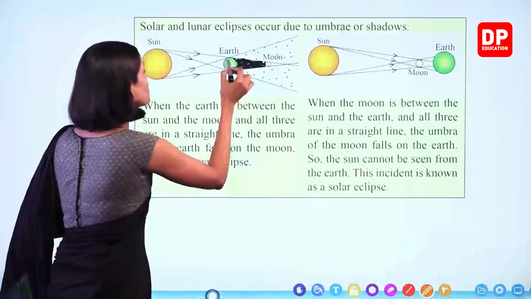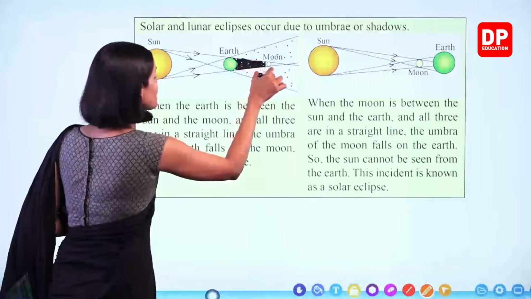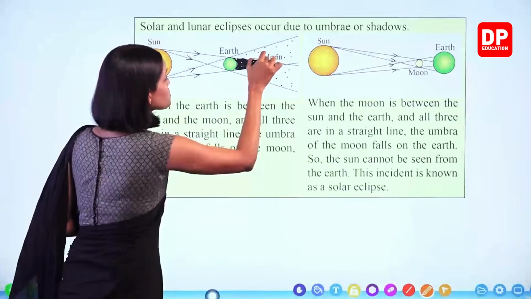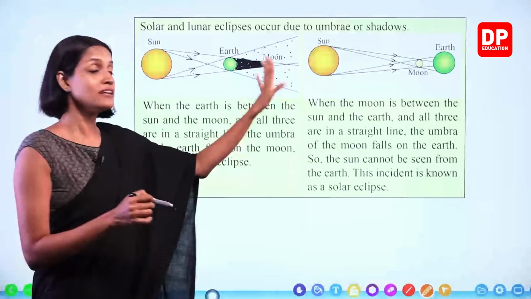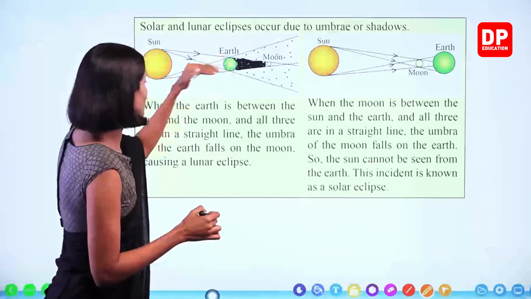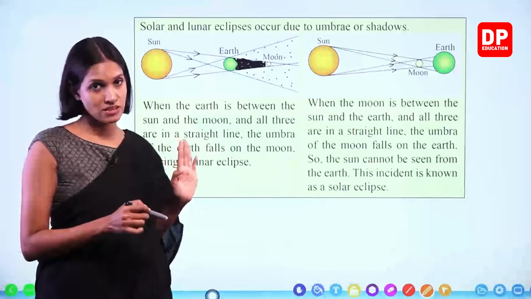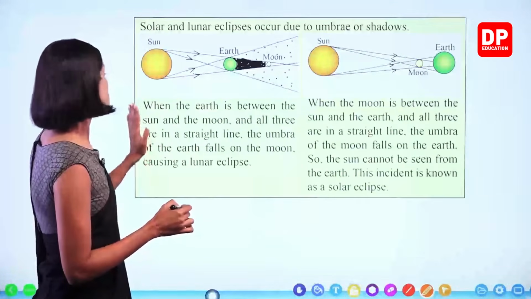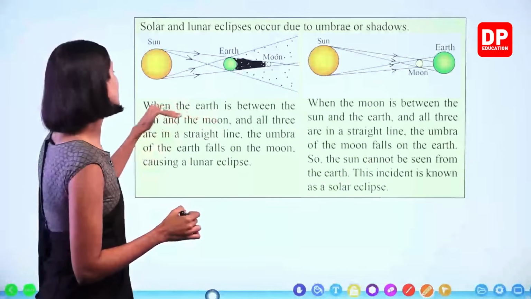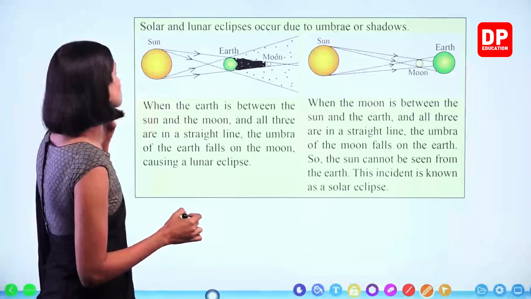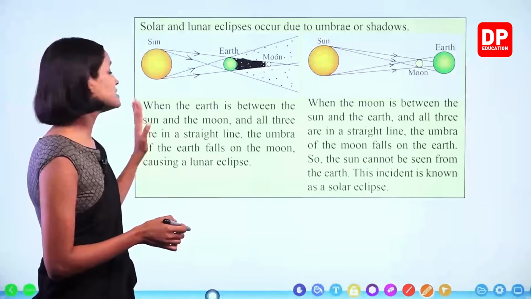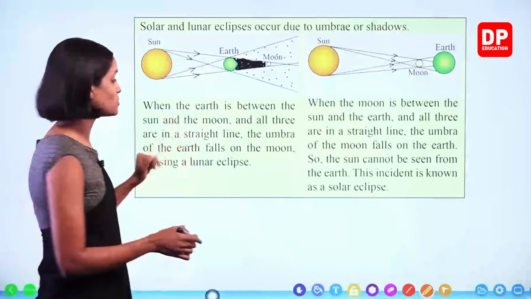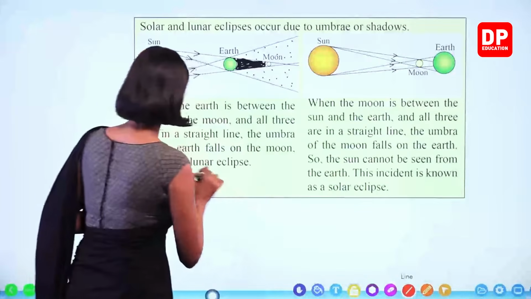No. So, in these types of instances, we cannot see the moon because the moon does not get any sunlight. This incident is known as a lunar eclipse. Right, children? So, when the earth is between the sun and the moon and all three are in a straight line, the umbra of the earth falls on the moon, causing a lunar eclipse.